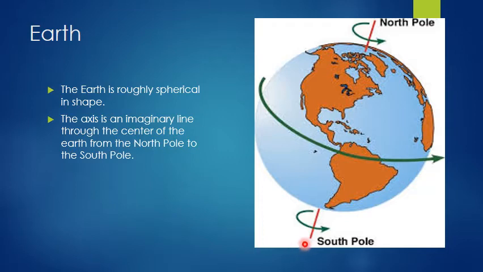Scientists drew this line in order to explain or translate the movement of the Earth around itself. It's a drawn line, and it passes through the center of the Earth from the North Pole reaching the South.